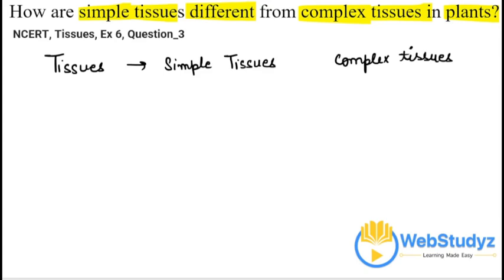The major differentiation between the simple tissues and the complex tissues is that the simple tissues are made up of only one type of cell that will perform a common function. So simple tissues are those type of tissues which comprise only one cell type. We can say they are made up of a single type of cell.